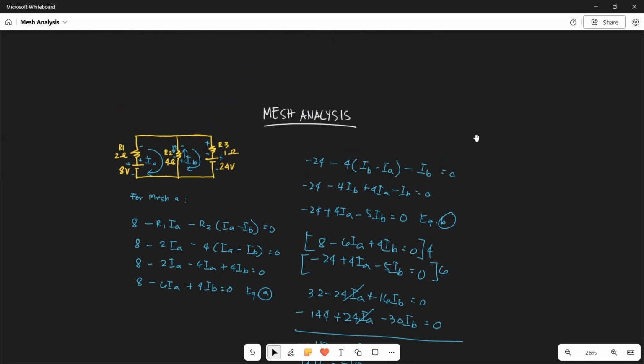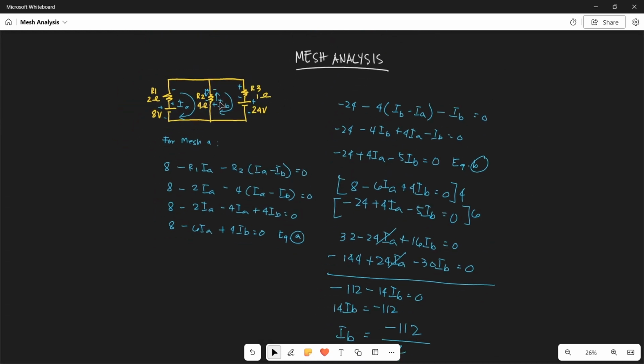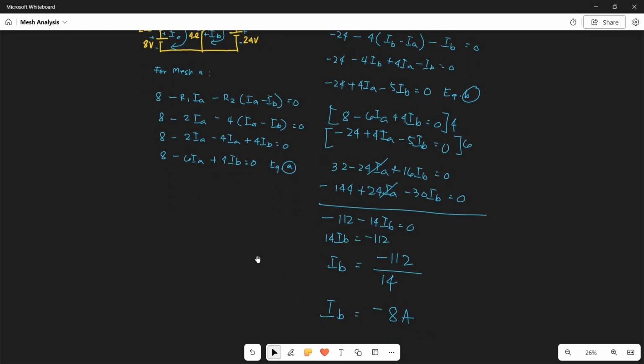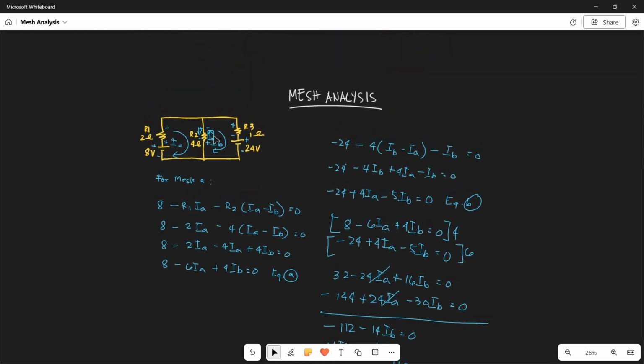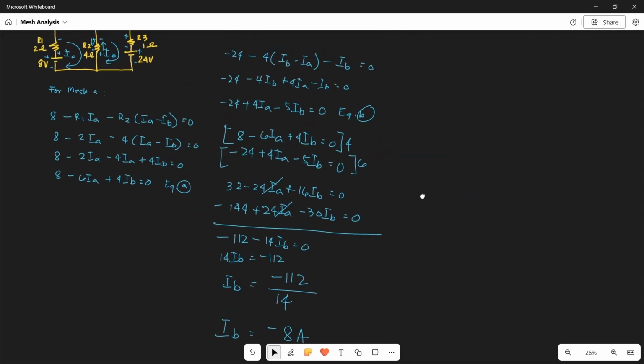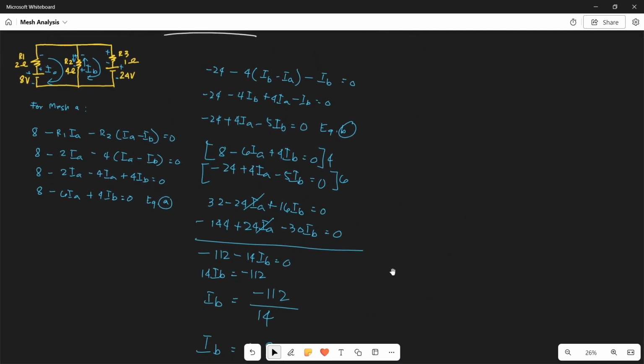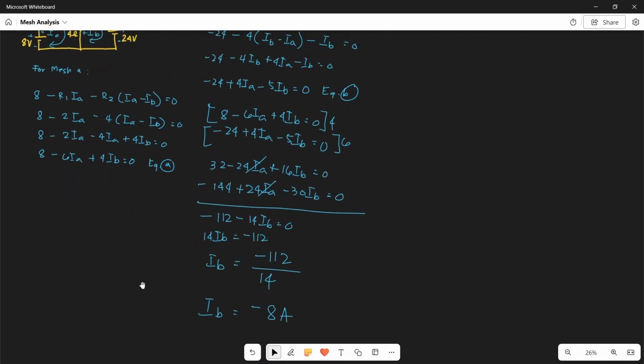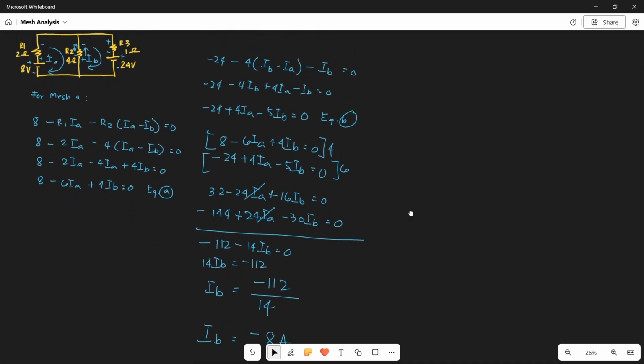So since we assume that the currents are in a clockwise direction, since we get negative 8 there, that means the current is actually in this direction. Okay. So now we have the current IB.